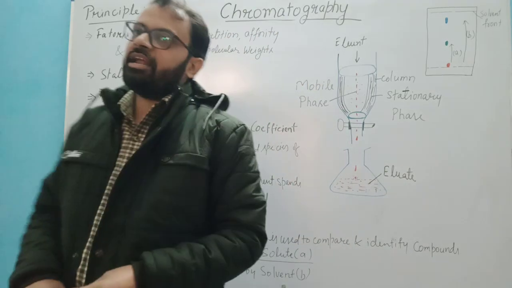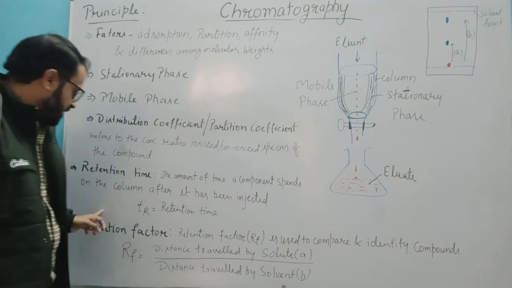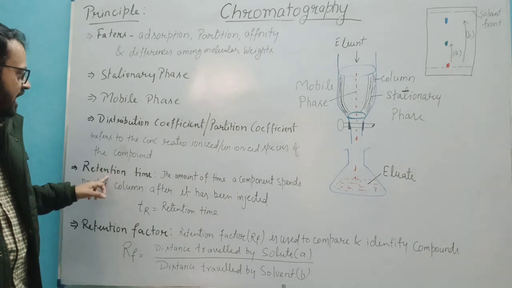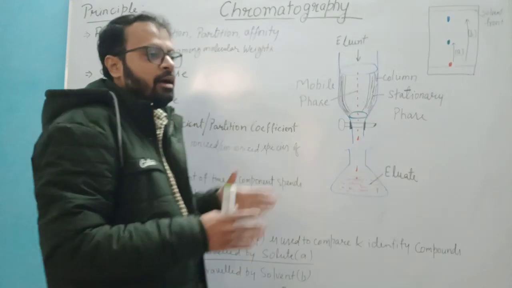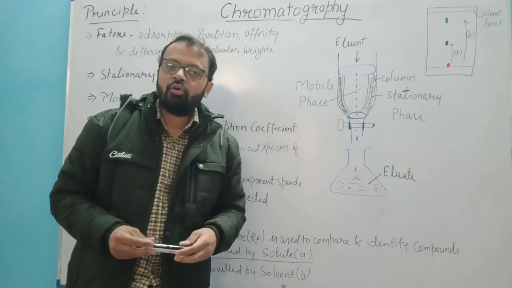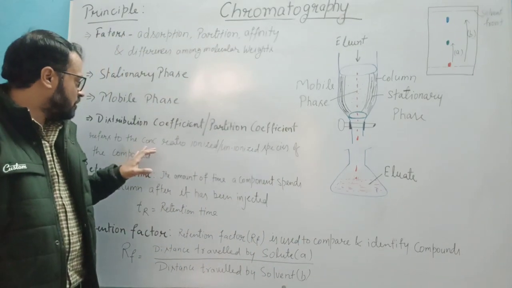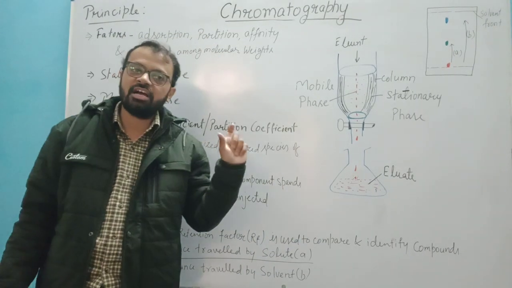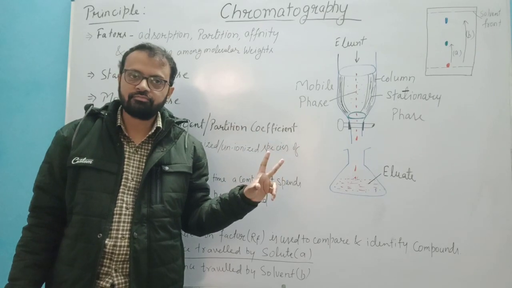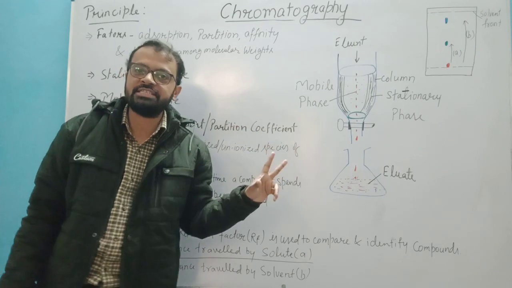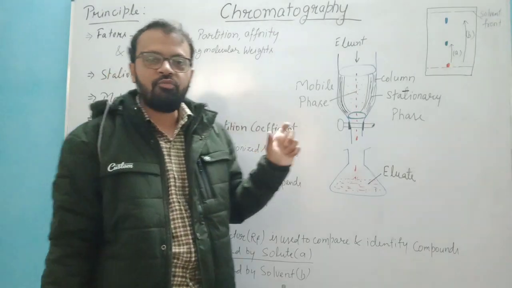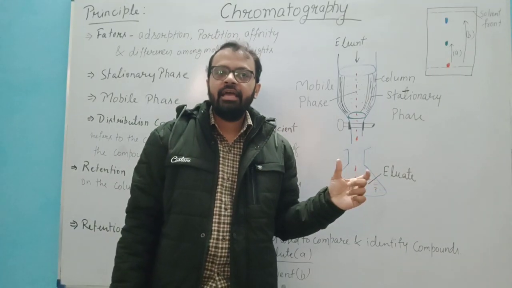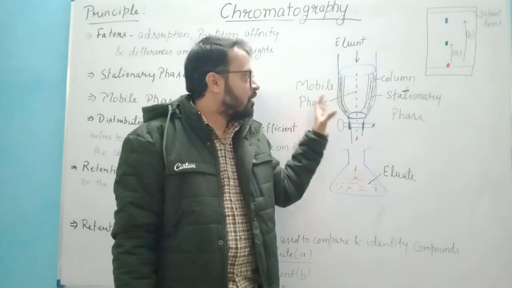There are some other important factors: retention factor, retention time, and distribution coefficient, which help us understand the principle of chromatography. So what is the distribution coefficient? The distribution coefficient is the concentration ratio of the component between two phases. And what is retention time? Retention time is the amount of time spent by a component in the column.